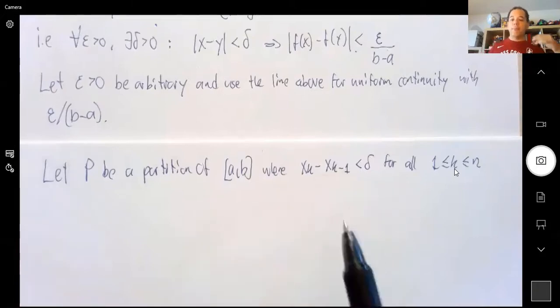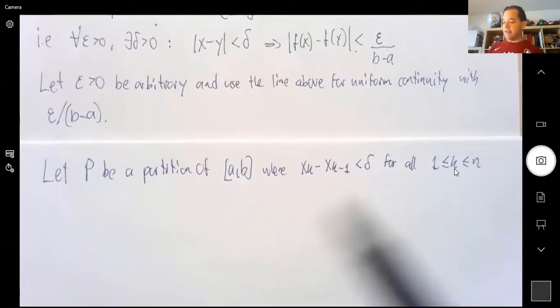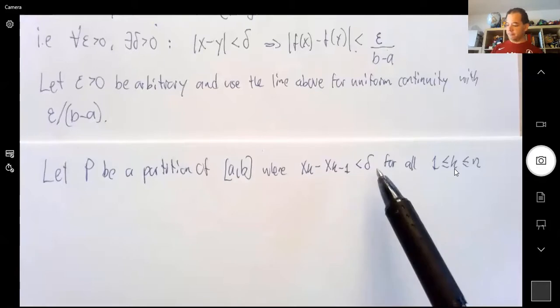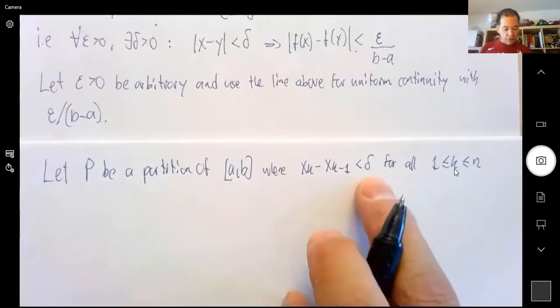For example, you can divide the big interval A to B into n equal pieces, where the length of the interval over n, so each one of the little pieces, is less than delta. So this can always be done.